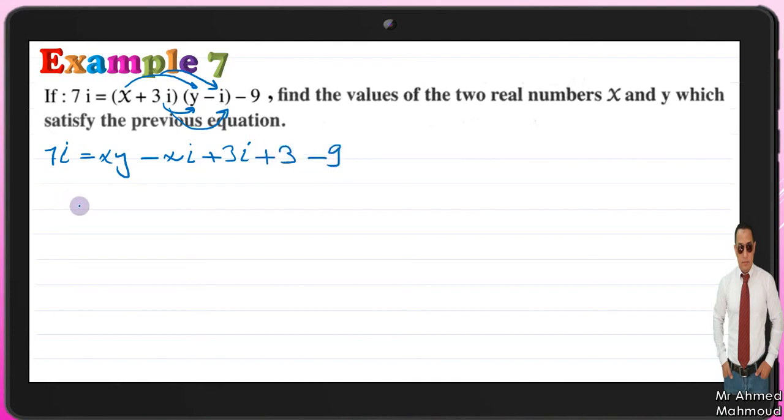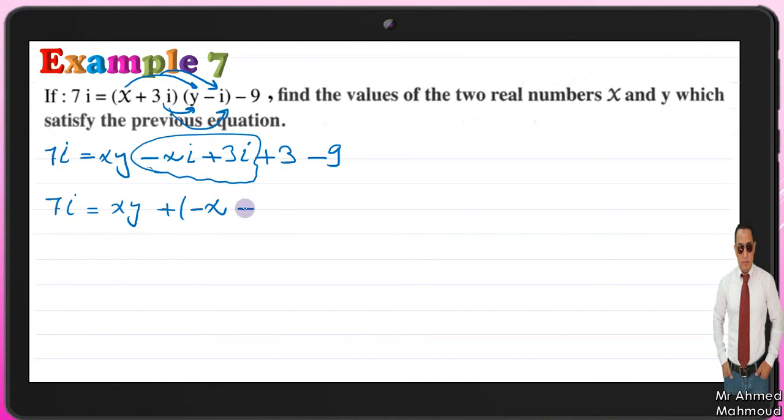Okay, here 7i equals xy. I will take i as a common factor, then it will be plus negative x.